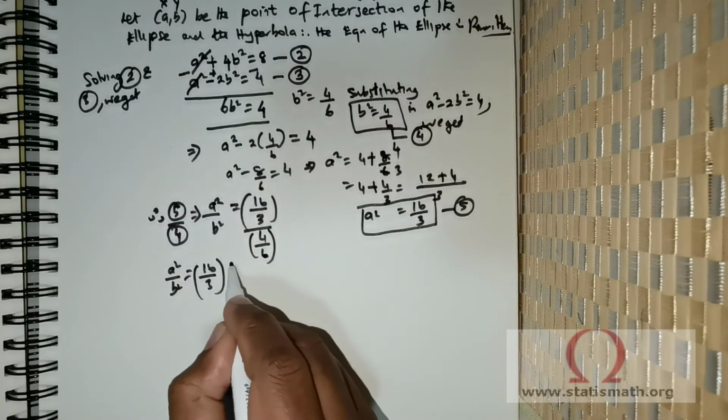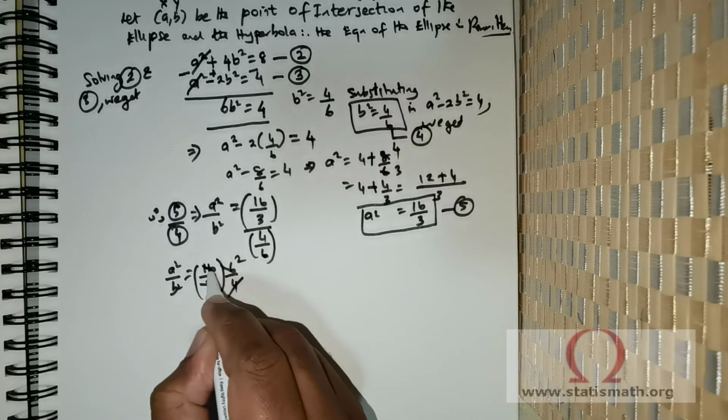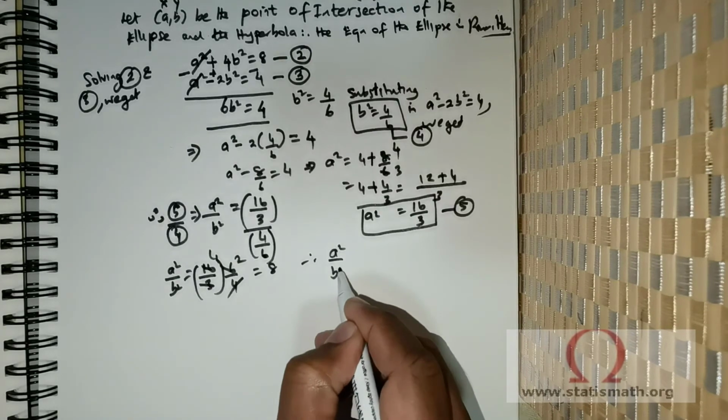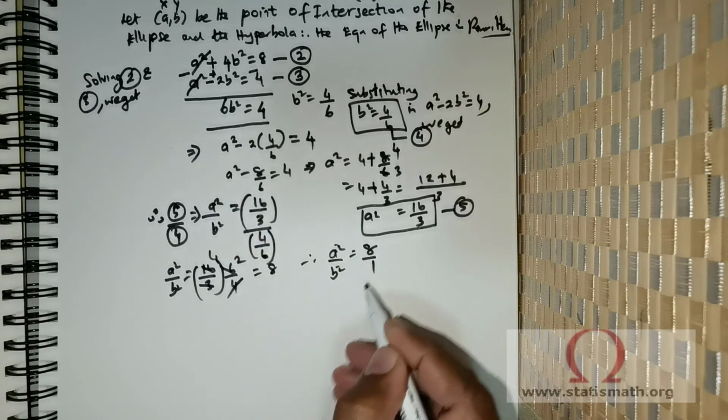When you flip it, it's 6/4. 3 divides 6 two times, 4 divides 16 four times, so you get 8. Therefore a squared over b squared = 8/1. This is what you've got.